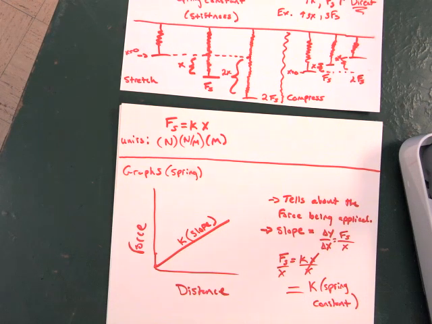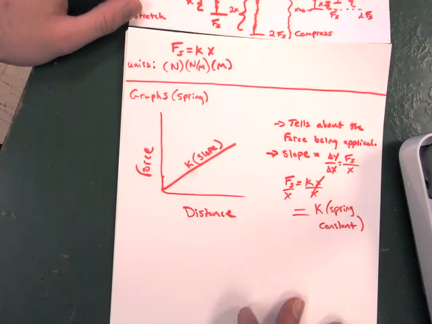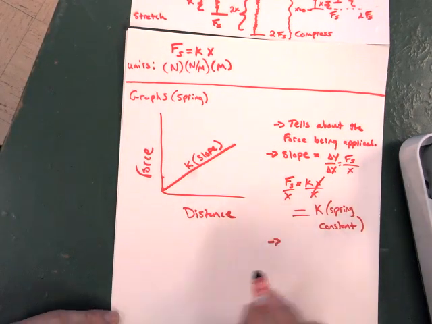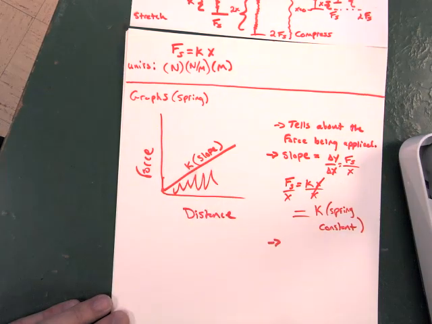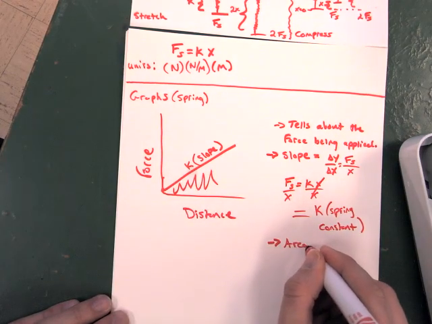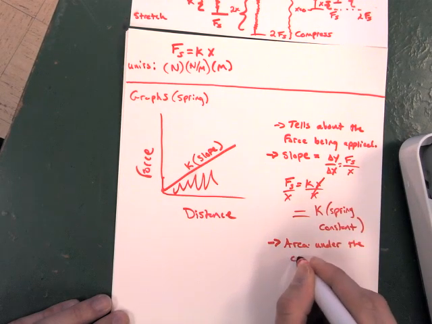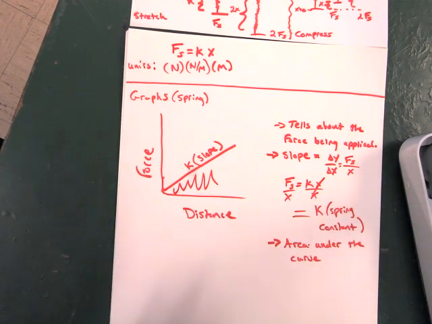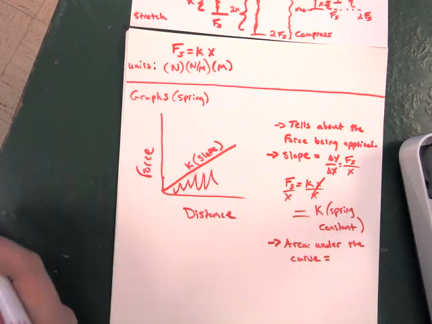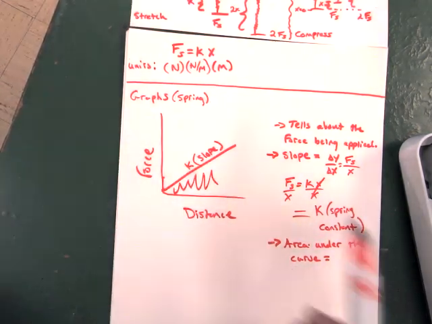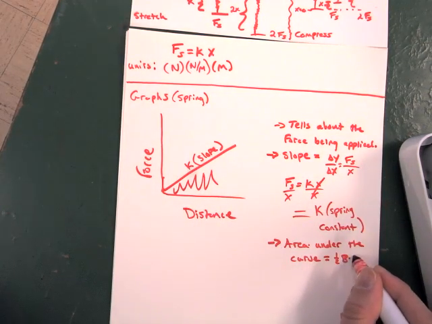Now, that's not all this is going to give us. We can also do, I hope you guys remember, area under the curve. The area of a right triangle is 1/2 base times height.